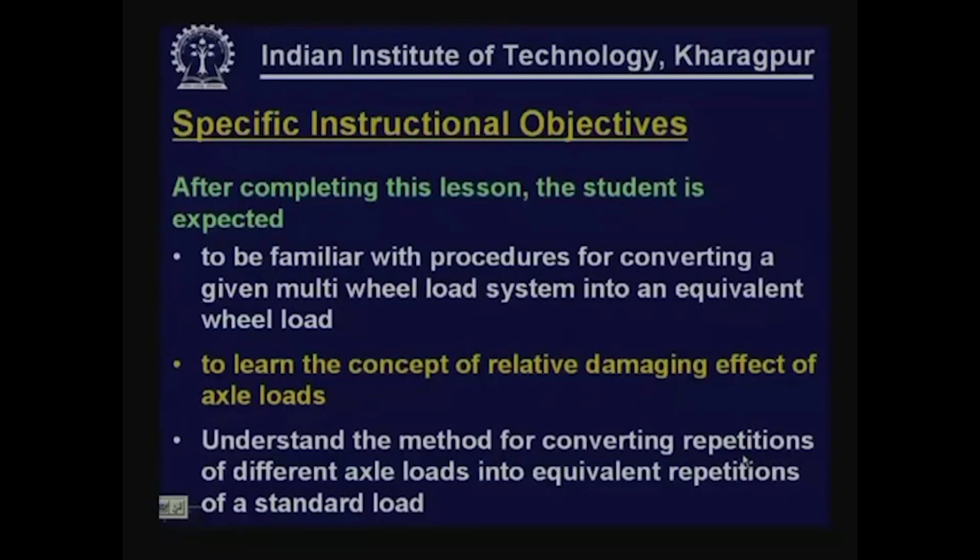In the last lesson, which was on Traffic Loading Part 1, we discussed various parameters of traffic loading that need to be considered for pavement design, which also included the transverse distribution of wheel loads.